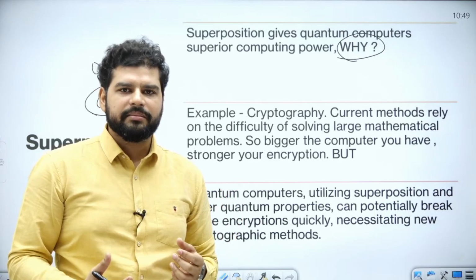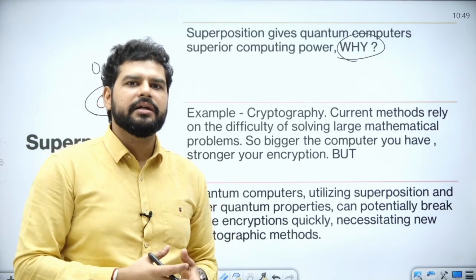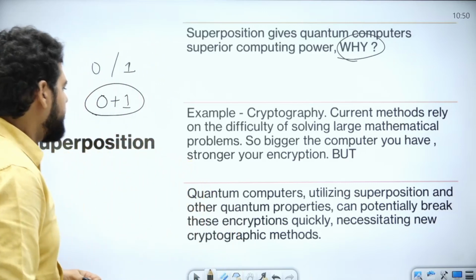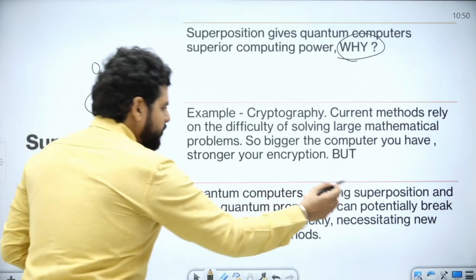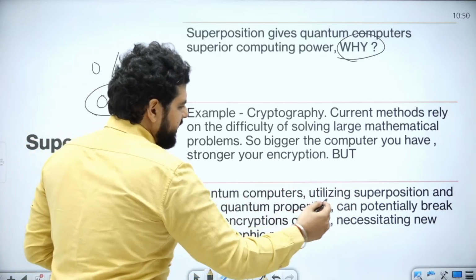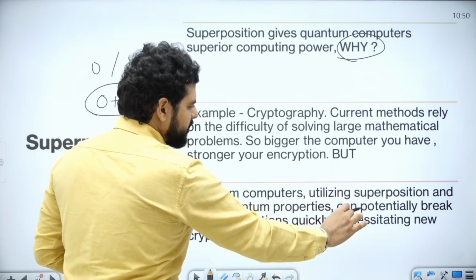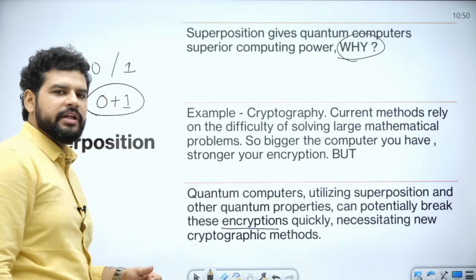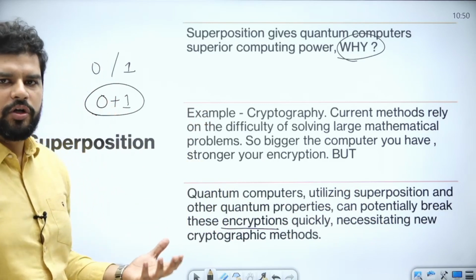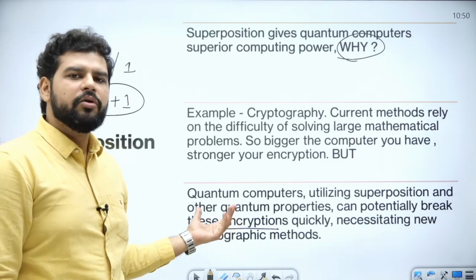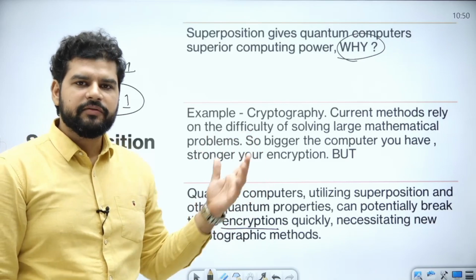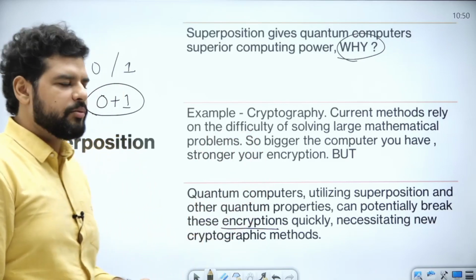Supercomputers might take some time, but quantum computing can break current encryption within a few minutes. So quantum computers utilize superposition and other quantum properties like entanglement, but mostly superposition. This can potentially break these encryptions quickly. So we need new cryptography, and research is going on. Like the quantum satellite that has been developed by China for testing this quantum cryptography.